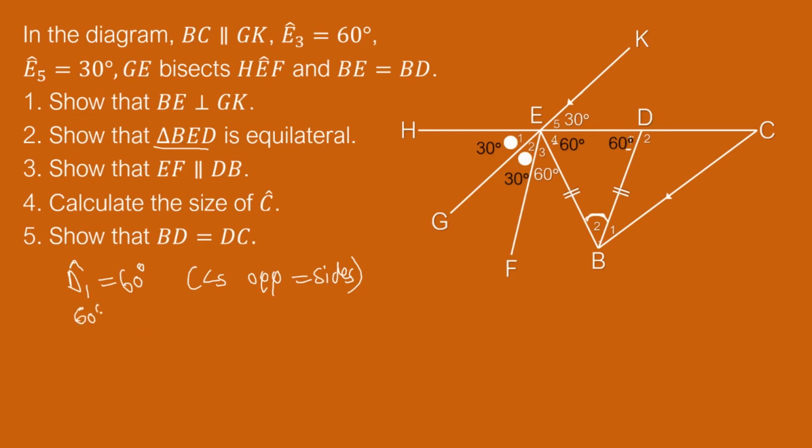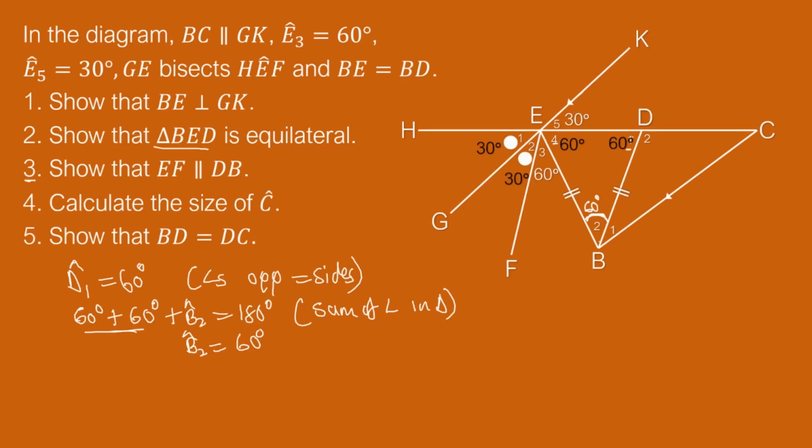So 60 degrees from E4 plus 60 degrees from D1 plus angle B2 must give us 180 degrees, sum of angles in a triangle, meaning that B2 is equal to 180 minus 120, which is 60 degrees. So this is an equilateral triangle since each interior angle is 60 degrees. So triangle BED is an equilateral triangle.